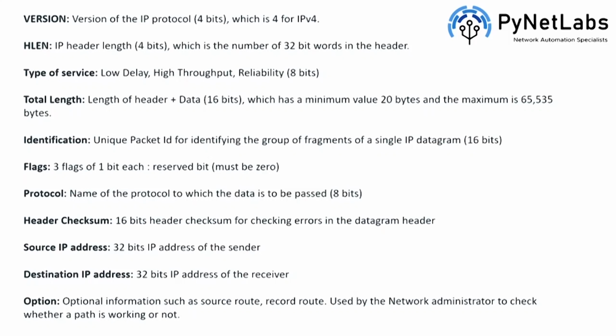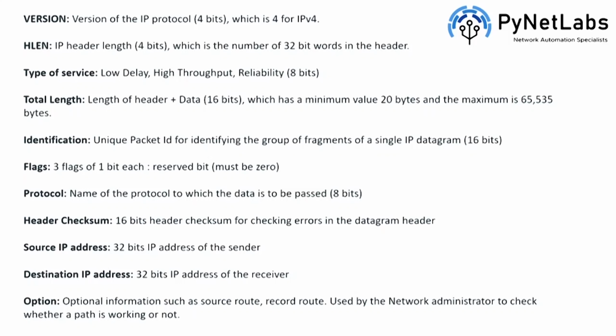Then the next thing you have is total length. This is a 16-bit field which indicates the entire size of the packet. This entire size includes the size of the header and also the data. Hence, it can vary from the range of 20 bytes to a maximum of 65,535 bytes, depending upon the data. Then the next thing you have is identification.